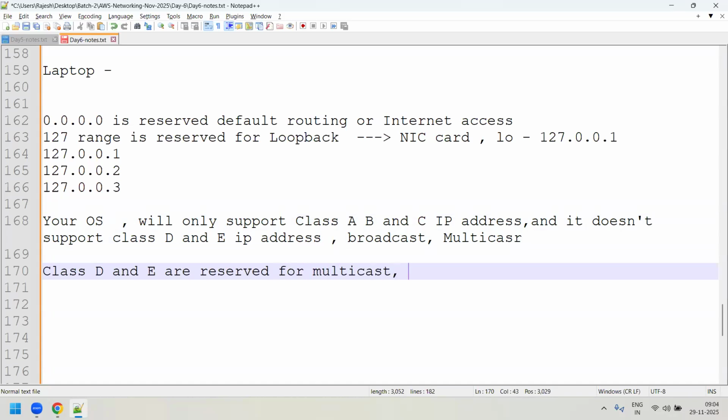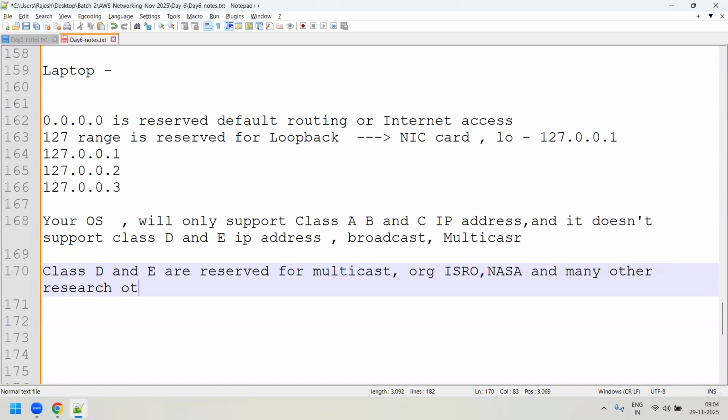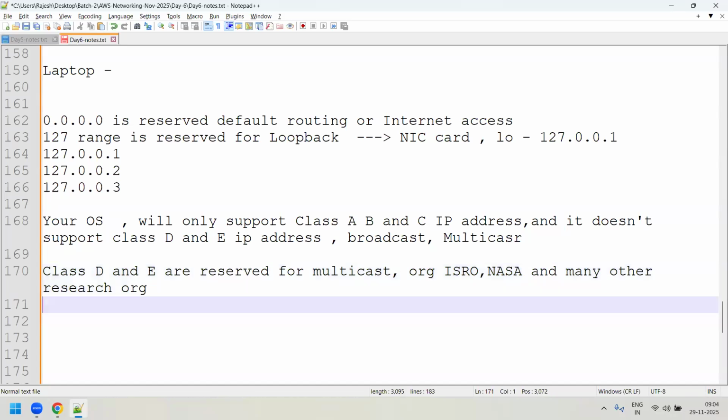Multicasting is used by organizations like ISRO, NASA, and many other research organizations. So guys, multicasting is something like, recently, like 2 years back, we launched Chandrayaan.